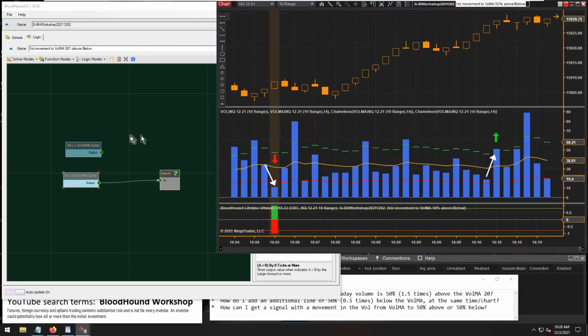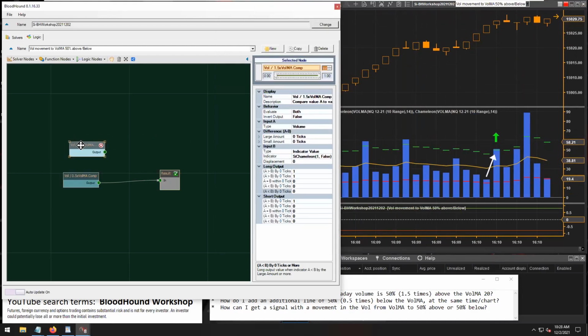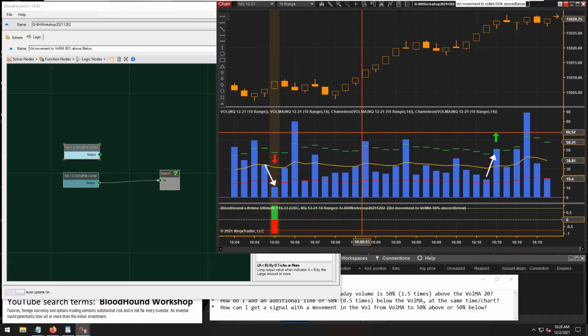All right, so now that we have our two main comparison solvers created, we can actually look for situations where volume is in the middle, and then volume either moves up or moves down.